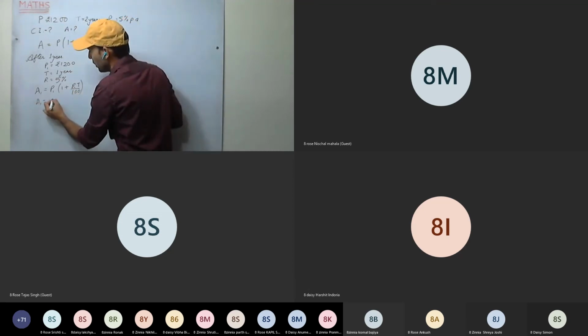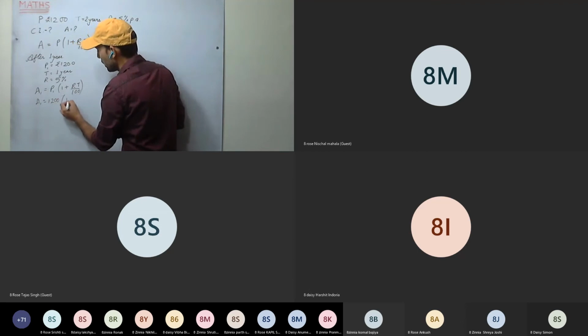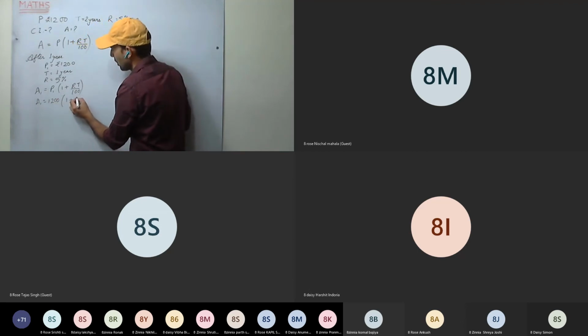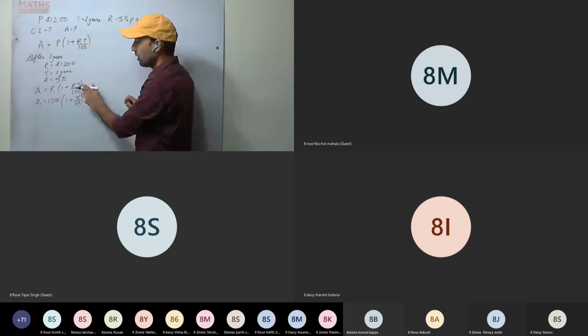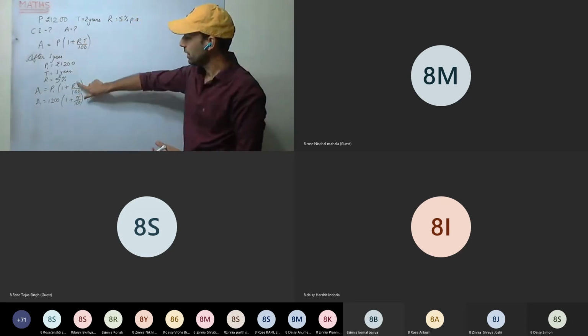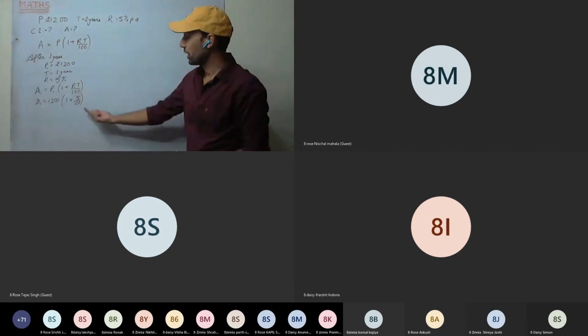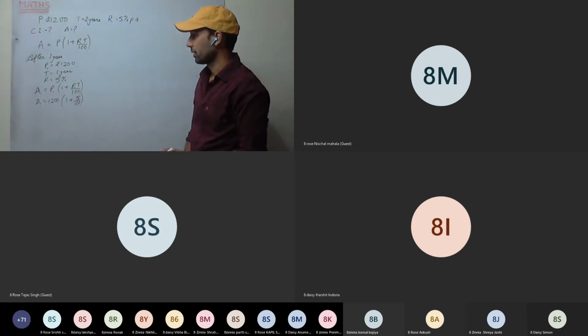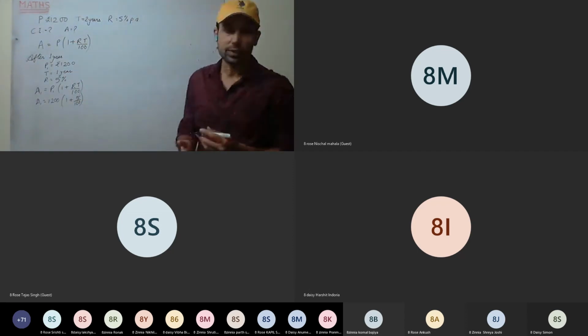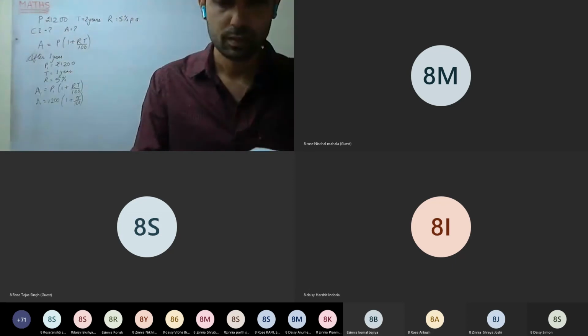So A1 equal to 1200(1 + 5/100). This T we do not require as it is 1 year, so it's fine to avoid it. Calculate each one, how much it is coming.